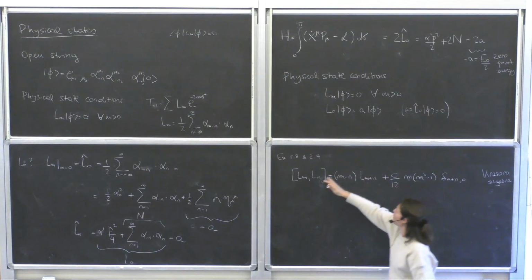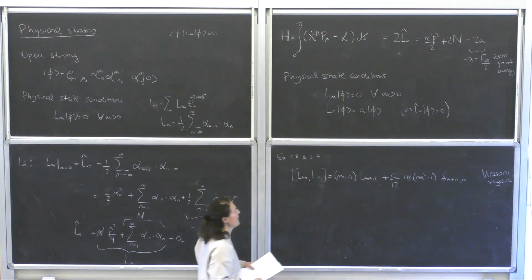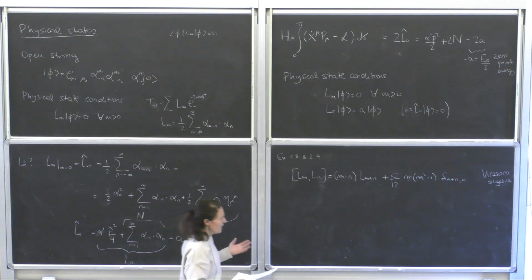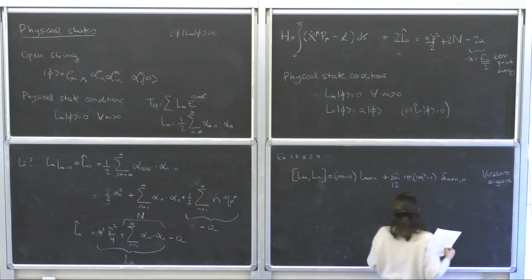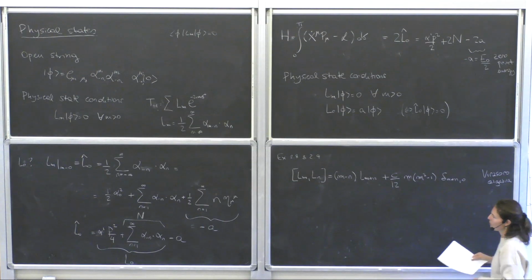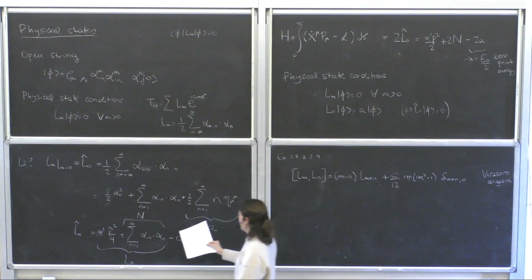So they form a closed algebra, L1, L minus 1, and L0, and that's a very important algebra in conformal field theories: translations, rotations, and conformal transformations. So that's why I wanted to absorb this constant.